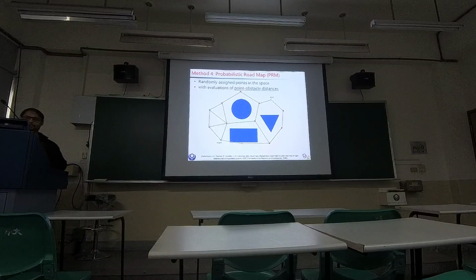They use a Dijkstra-based algorithm for finding the path from start to goal by joining these points. So this is the PRM method to find the trajectory from start to goal position.